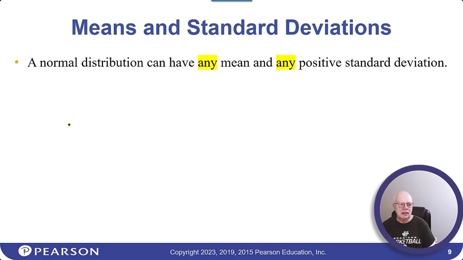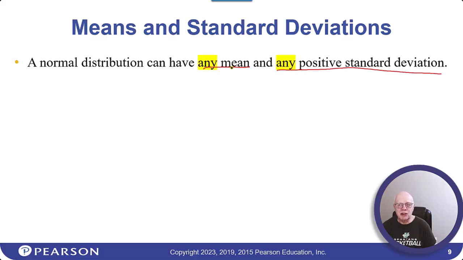Next. Now we're talking about any normal distribution. A normal distribution, not the, a normal distribution could have any mean at all and any positive standard deviation. So take a small note here. The mean could be negative, positive, 0, could be any of those.